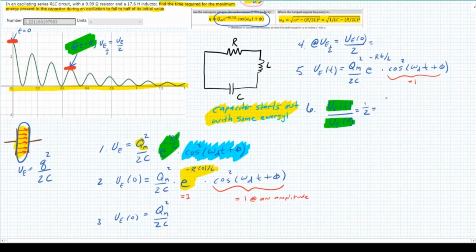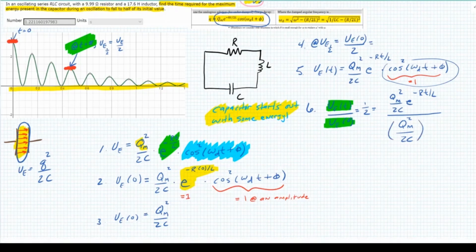So 1/2 is going to equal this: QM squared over 2C, e to the minus RT over L, because this again went away. That's my numerator. Here's my denominator. What was my electrostatic potential energy at time equals 0? QM squared over 2C right here.